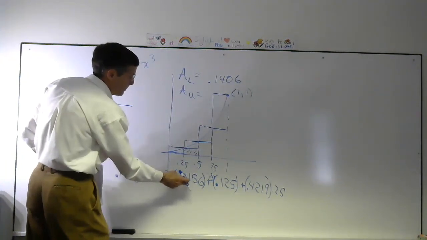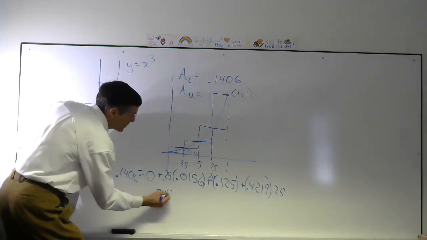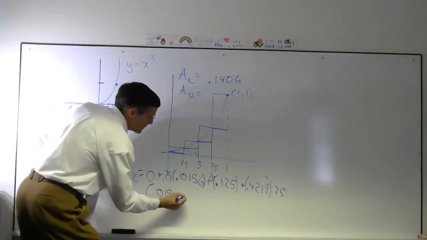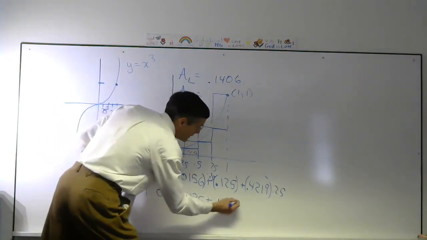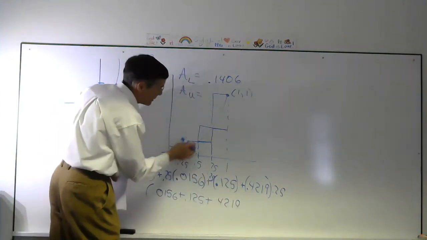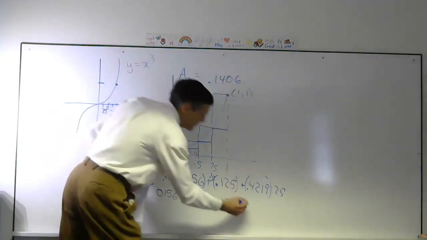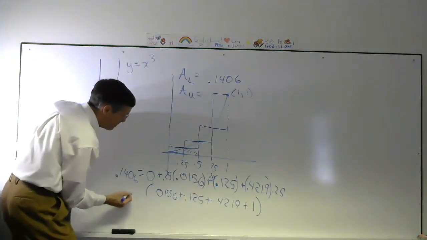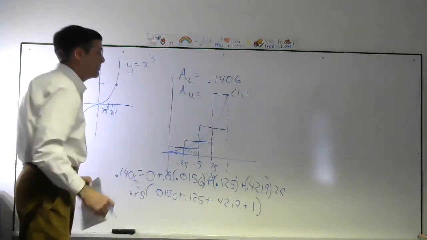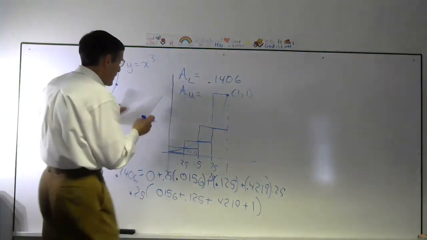So this would be the same figures: 0.0156 plus 0.125 plus 0.4219. All of these lengths here, here, and here. And then the last rectangle length is there, which is 1. Those each have to be multiplied by the width of the rectangle, 0.25, to get your total area. And I did that ahead of time.